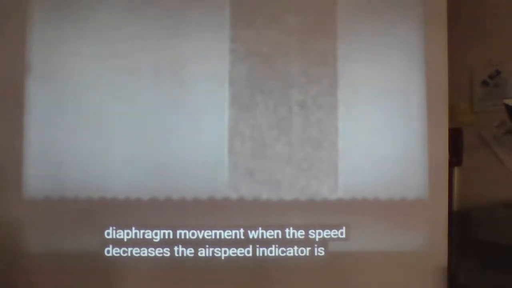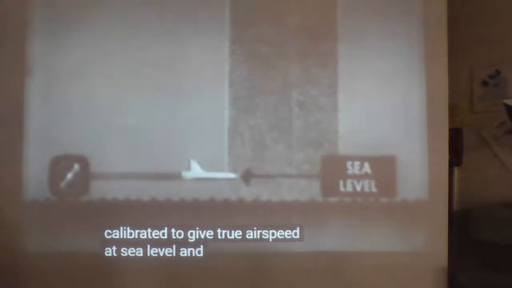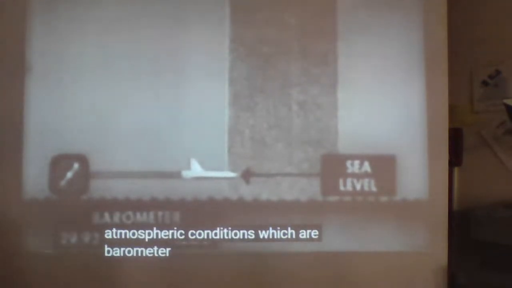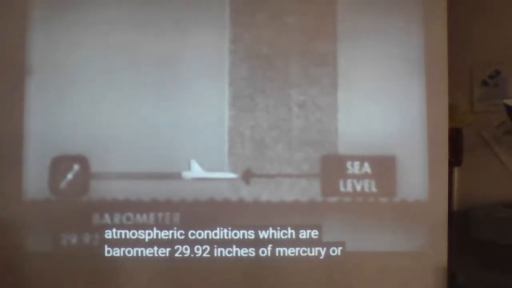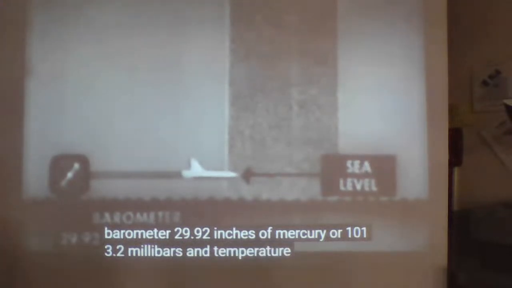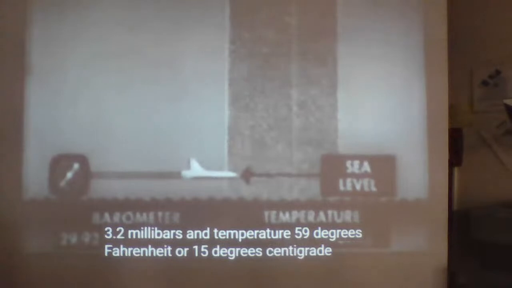The airspeed indicator is calibrated to give true airspeed only at sea level and under standard atmospheric conditions, which are barometer 29.92 inches of mercury or 1013.2 millibars, and temperature 59 degrees Fahrenheit or 15 degrees centigrade.